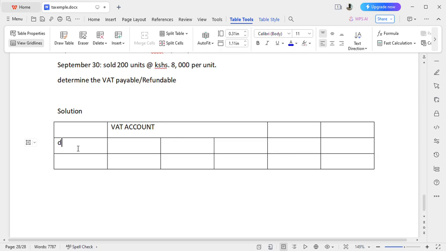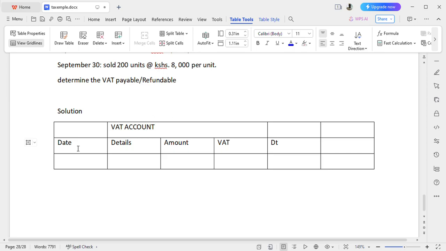So we have date, we have details, then we have amount, and then VAT amount to be paid.